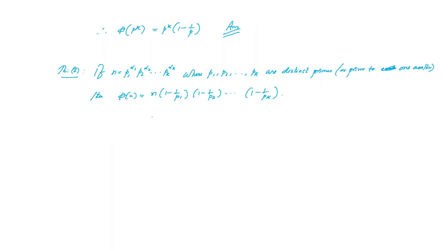Now we'll prove it, but the theorem may be asked in the form of a question. Let n be greater than or equal to 2 and n equals p1 to the power alpha 1, p2 to the power alpha 2, up to pk to the power alpha k, where all pi's are distinct primes and all alphas are positive integers.